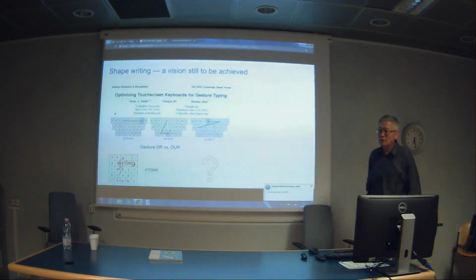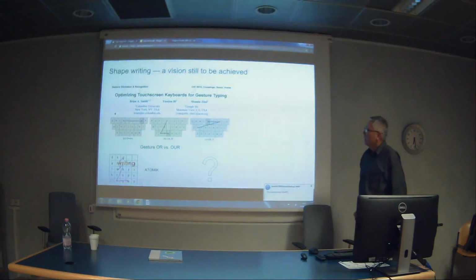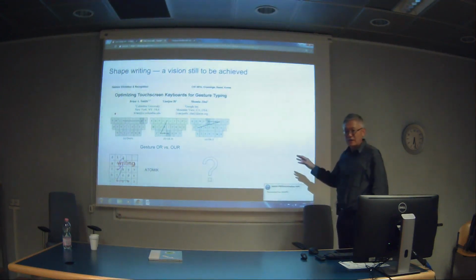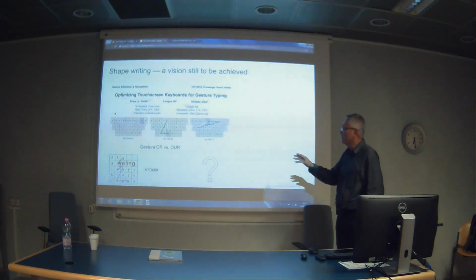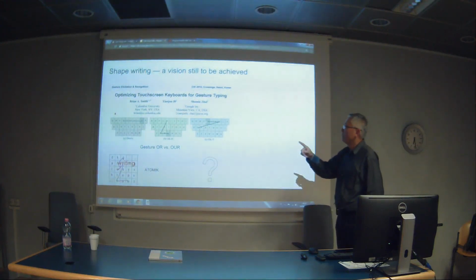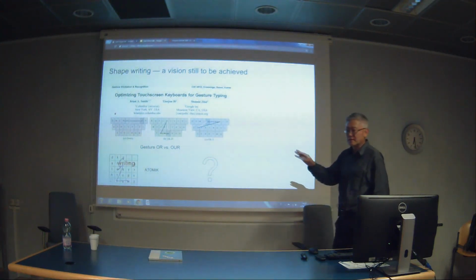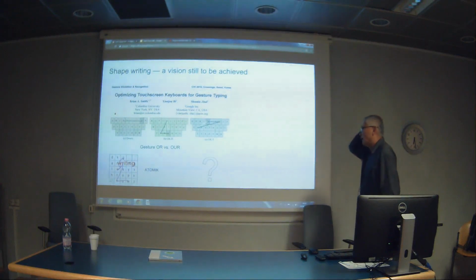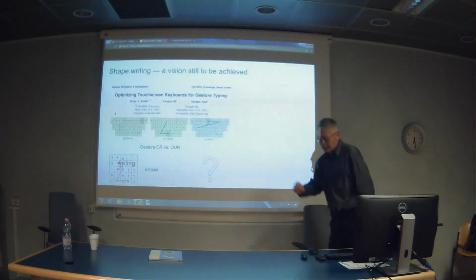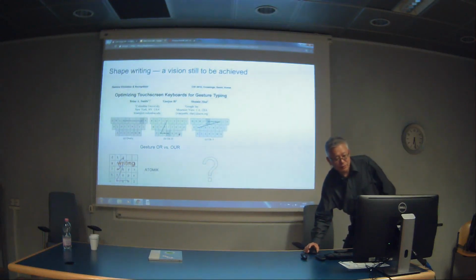On QWERTY, exactly the same shape, same location. O to R versus O to U to R, exactly the same, no difference. On a new layout, this layout, it gets separated. On another layout, it gets separated.